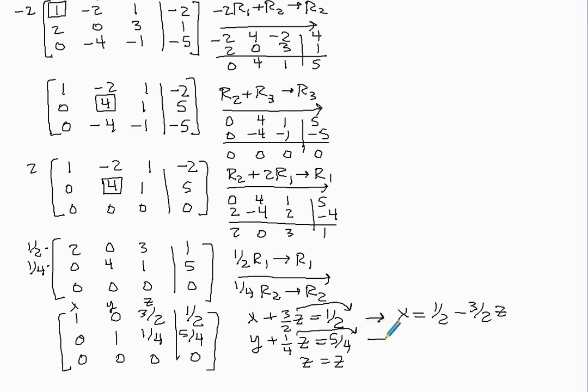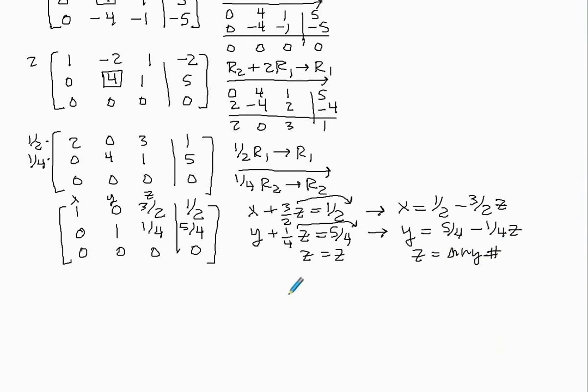And then second equation becomes y equals 5/4 over on the right, and then 1/4 z comes over as a negative, 5/4 minus 1/4 z. And then this last equation, that z equals z, that just means that z equals any number. That's your parameter, remember.